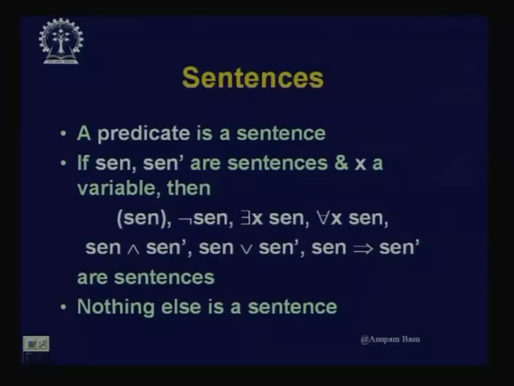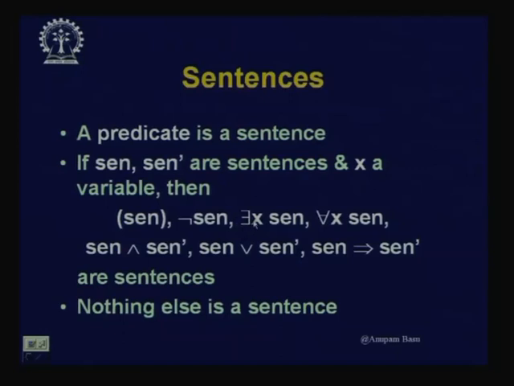And if SEN, say a short form of any sentence, and say SEN prime, that is a negation of SEN. Suppose there is a sentence or the negation of a sentence. These are sentences. If these are sentences and x is a variable, then SEN is a sentence, not of SEN is a sentence.